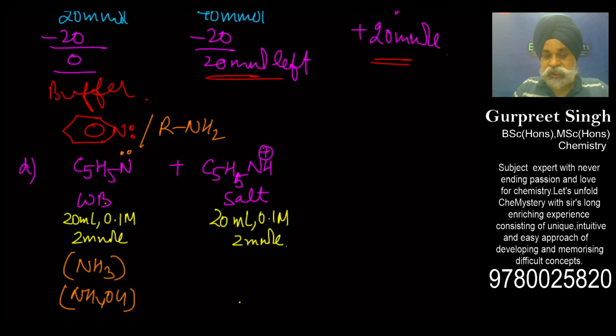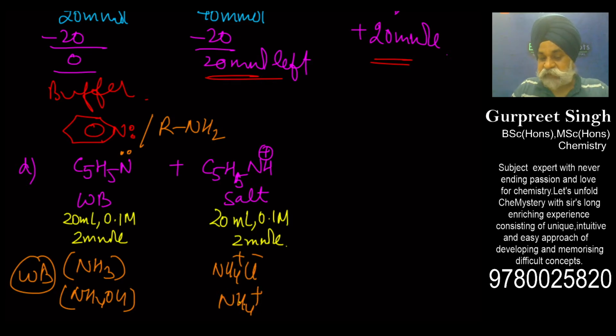Treat that nitrogen containing compound as ammonia or ammonium hydroxide, whichever way you want to say, and that actually is a weak base. And ammonia would have ammonium chloride as its conjugate, or ammonium hydroxide would have the ammonium ion as its conjugate. So this pyridine is a weak base, and it is having a salt along with it, and 22 millimoles are there, so it again would act as a buffer.